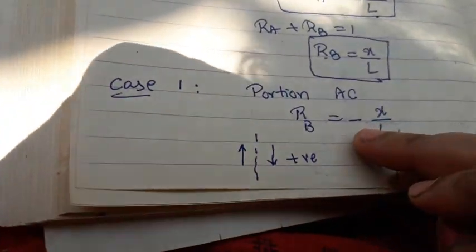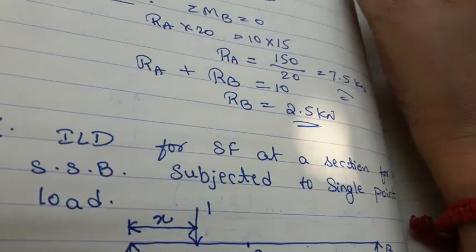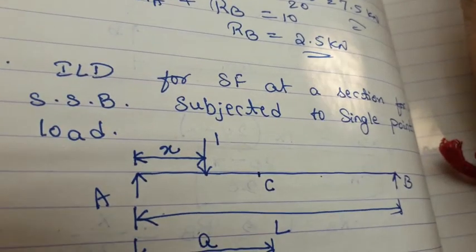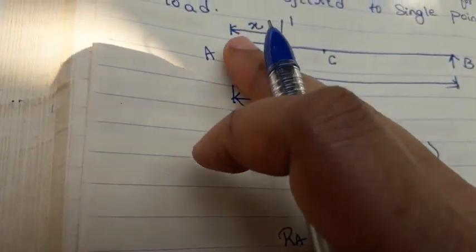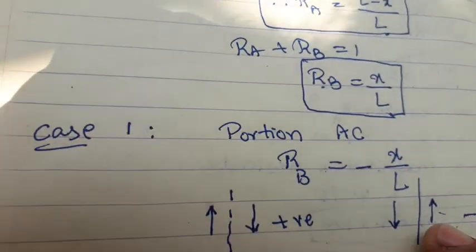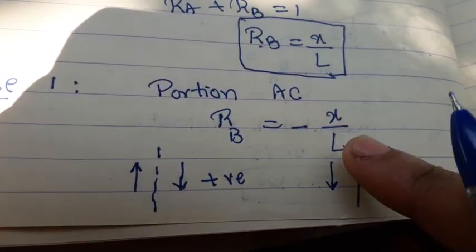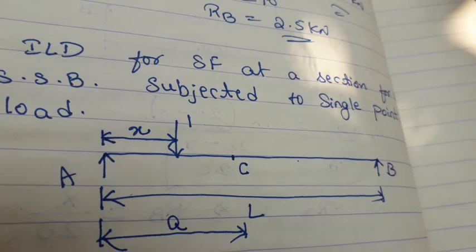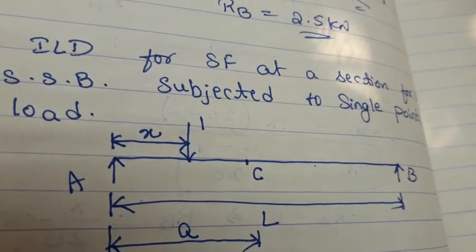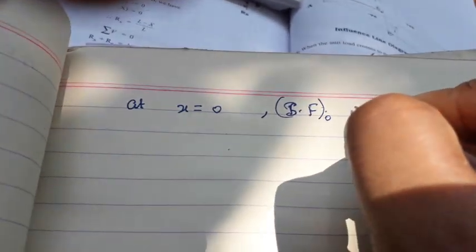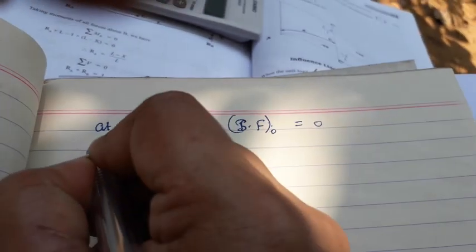Now we will apply conditions for this. First condition, at x is equal to 0, we substitute x is equal to 0 in this equation, that is 0 by L. Therefore you get shear force at 0 is equal to 0.